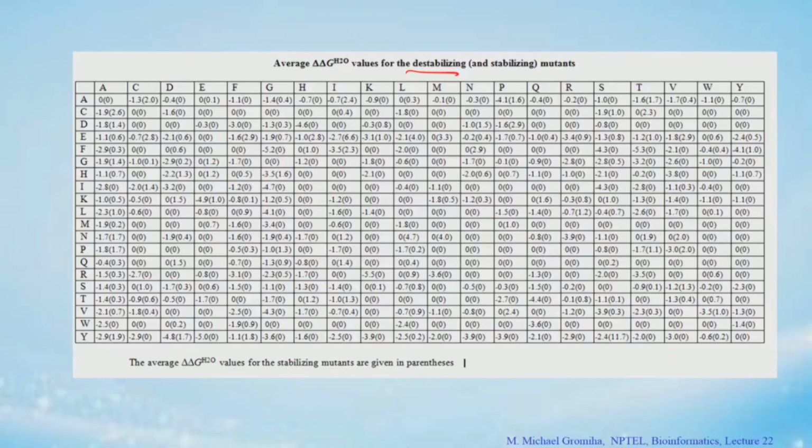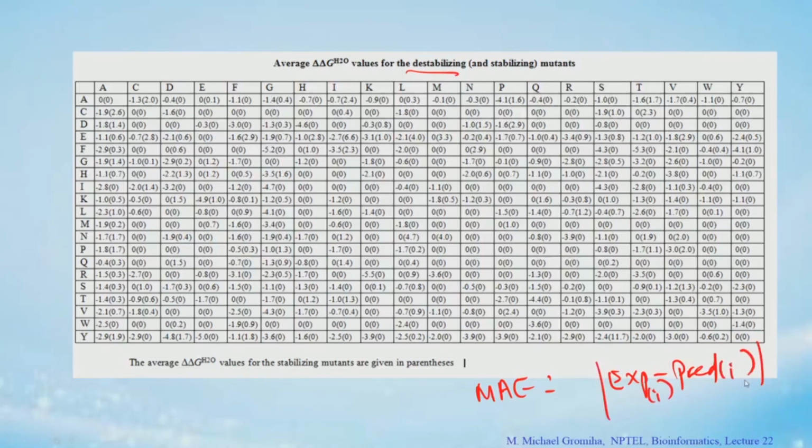So, now if we have a new mutation, for example alanine to valine, you can say this is minus 1.7, because this is the highest value, so put minus 1.7, then assign all the values and you can calculate the error. Then how to calculate the error? That is experiment minus predicted.